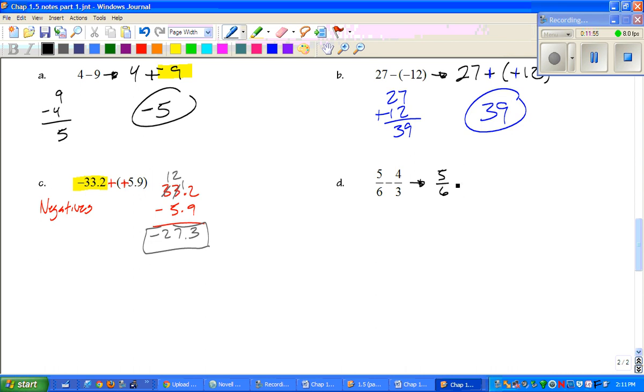Okay, 5 over 6 minus 4 over 3. Add the opposite. I don't know what's bigger because we do not have an LCD, so I'm going to count by the multiples.